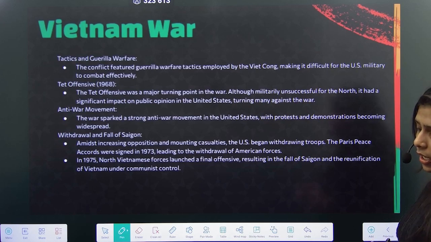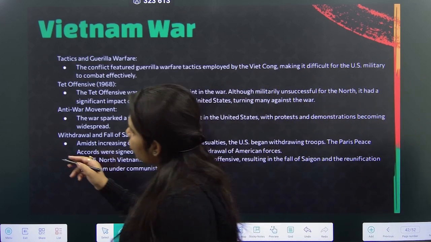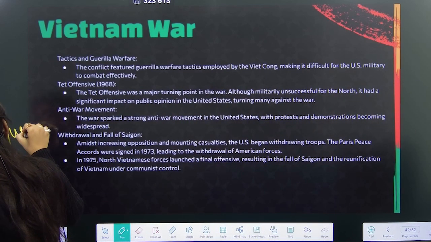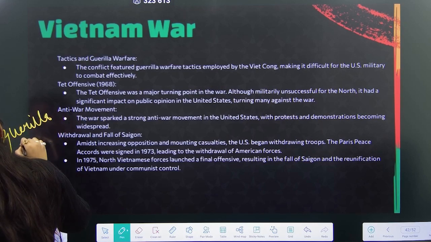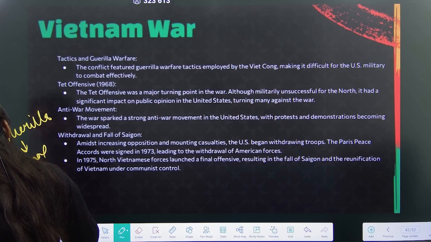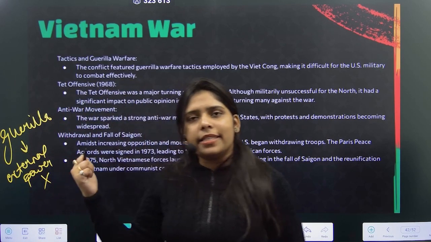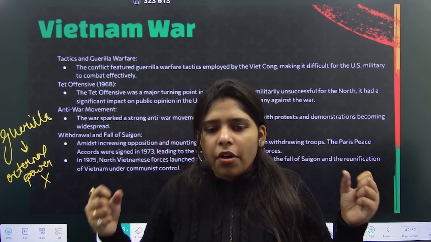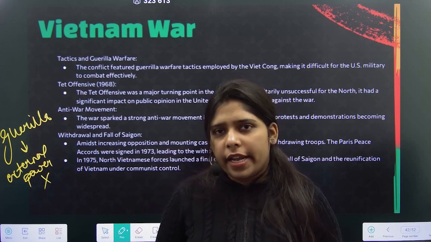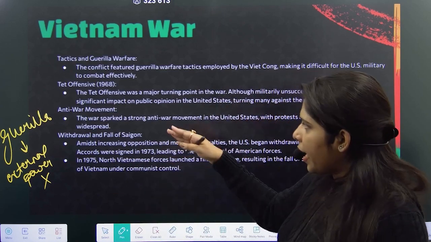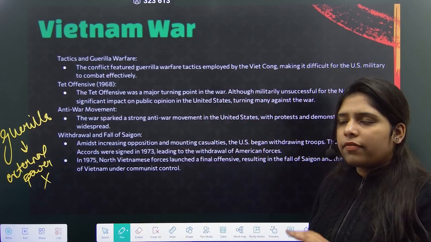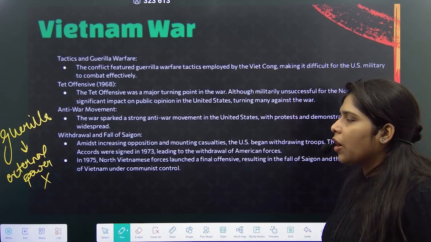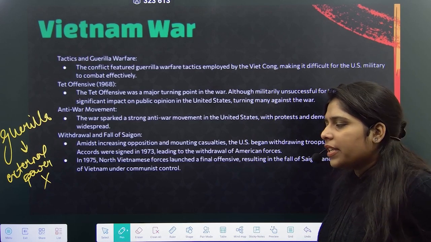The minute guerrilla warfare is employed, it makes it very difficult for an external power to exert its domination. Guerrilla warfare is a hidden warfare technique, and you cannot win against people who are well versed with the entire region. Then came the Tet Offensive in 1968.